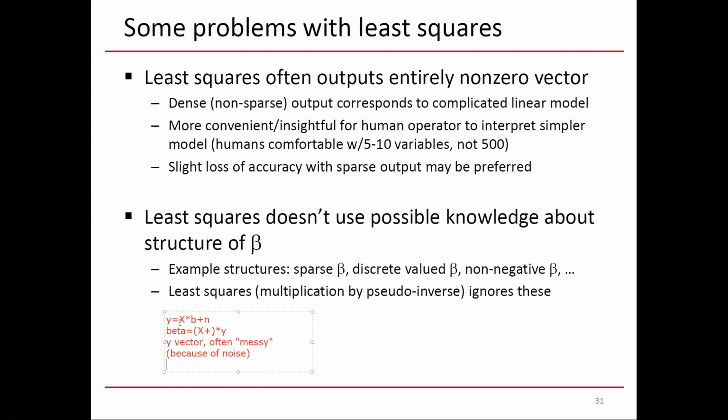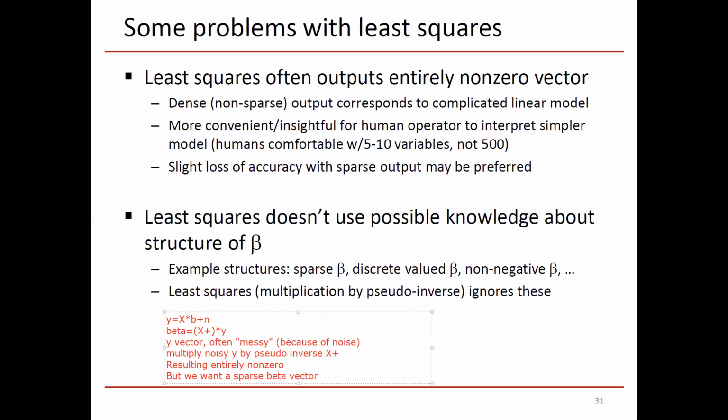So now you multiply a noisy y by the pseudo inverse x plus, and the outcome is going to be entirely non-zero. However, in subset selection, we do want the beta vector to have many zeros. So we want a sparse beta vector.